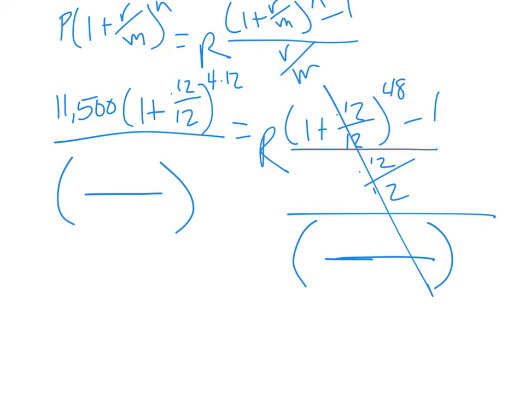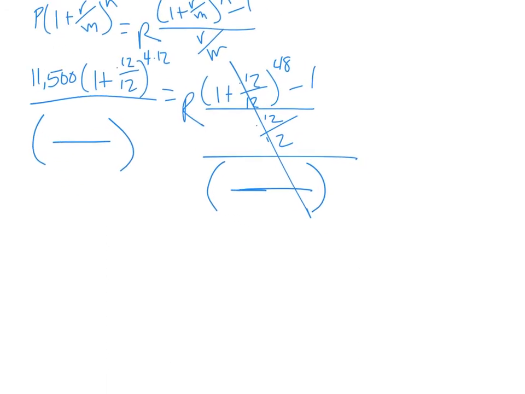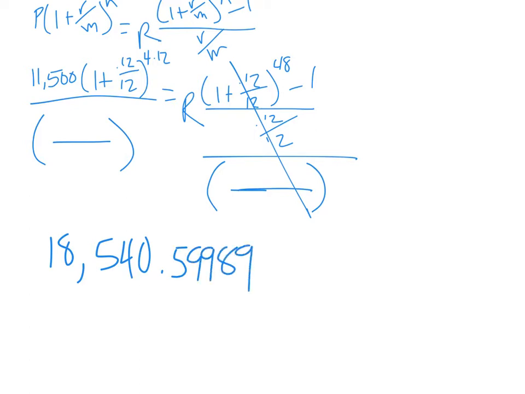Right? So I do have some numbers for you, just so we can follow along with this. I did calculate the top and bottom. So on the top, I got 18,540.59989. Remember, when you're doing arithmetic halfway through, you're introducing rounding error.